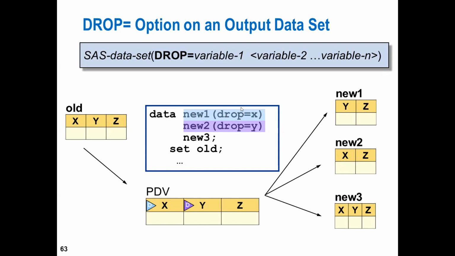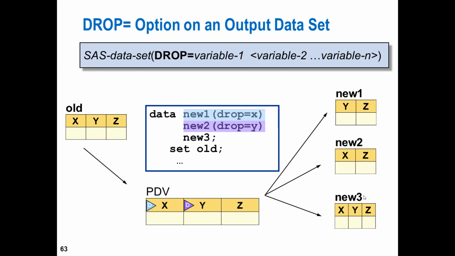But because you have used drop equal to X, it will drop the X column and write the descriptor part of new only with Y and Z. With new 2, you are dropping Y. So while creating the descriptor portion during compilation, Y will be dropped and X and Z will be written to your output data set for new 2. Whereas for new 3, there is no selection of variables. All the variables are written to new 3.